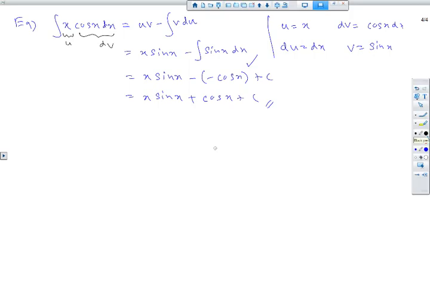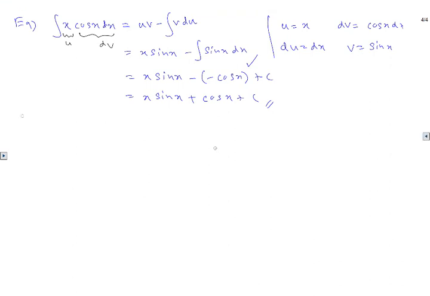Okay, how about another problem? How about if you have an x squared term here: x squared cosine x dx. Again, polynomial and trigonometric function. So we're going to do u equals the polynomial part, and then dv equals cosine x dx.